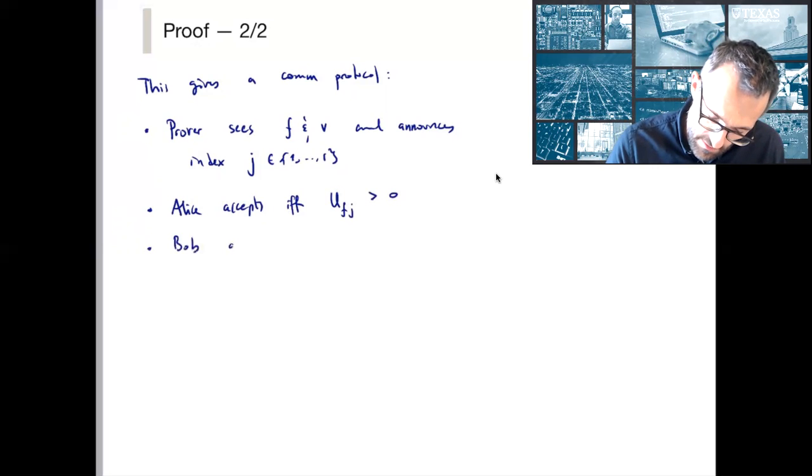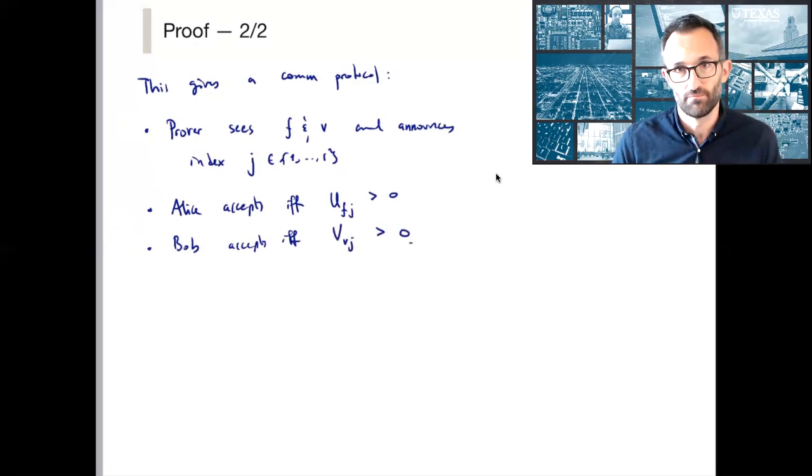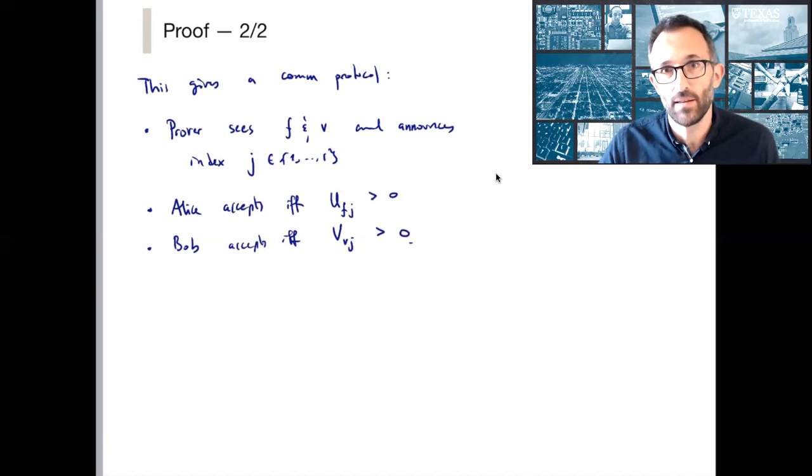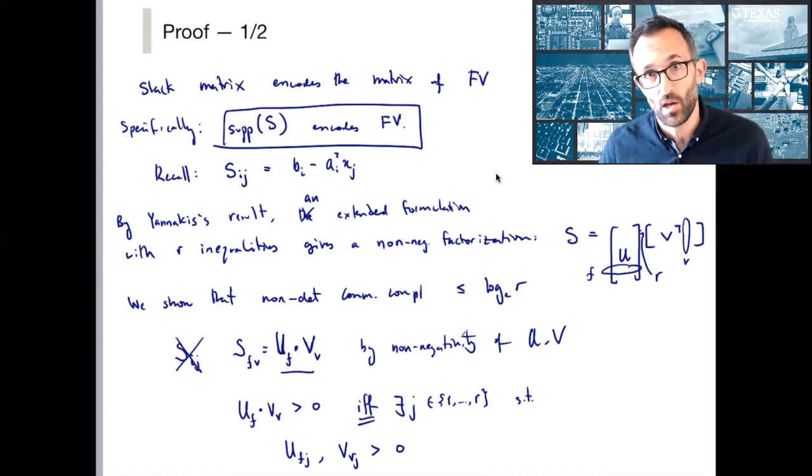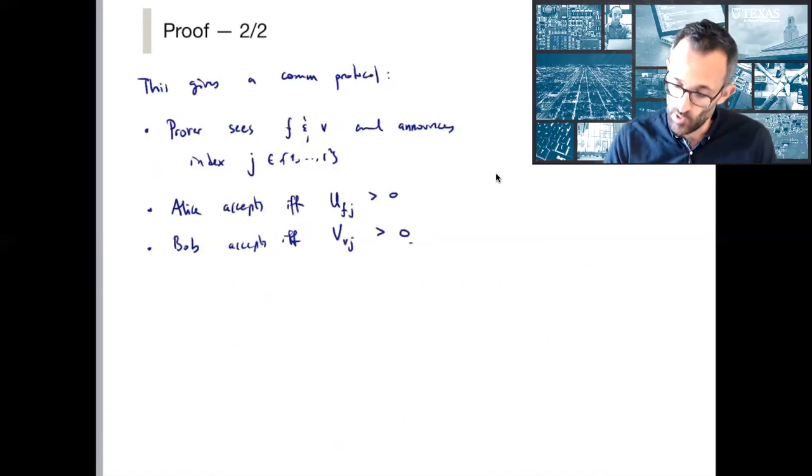And Bob accepts if and only if vvj is strictly greater than 0. And that's exactly the story. So we can see that they will both accept exactly when S of fv is strictly positive, which means the support of S of fv is equal to 1, which means that the function evaluated at little f and little v is equal to 1. And that's the only time that they're going to accept. So that is basically the proof.